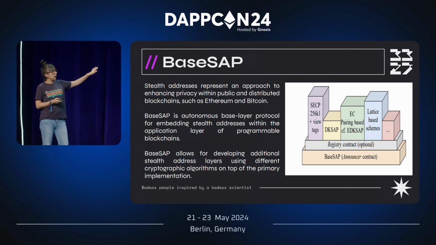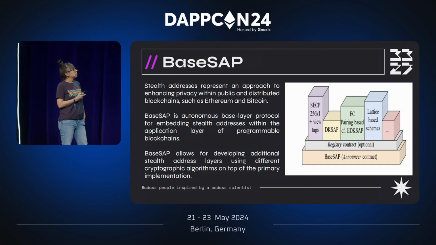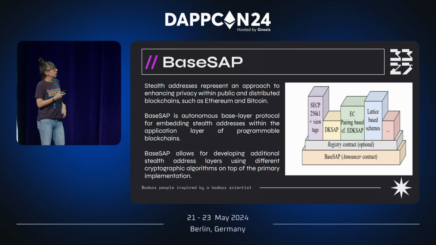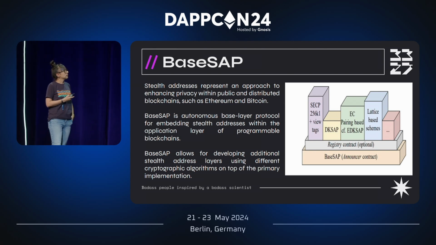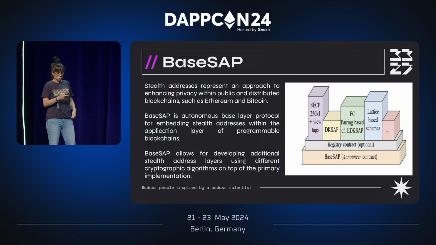We talked about this protocol a moment ago. They use elliptic curves and use view tags. But they also mentioned that they want to have, on top of this, new protocols using elliptic curve pairings or lattice-based schemes to have post-quantum resistance. So this was our motivation.